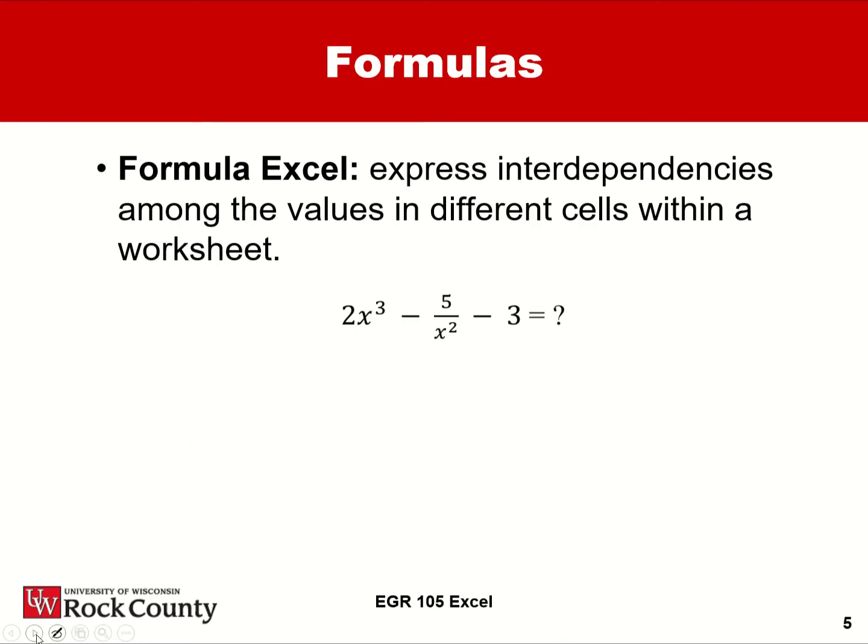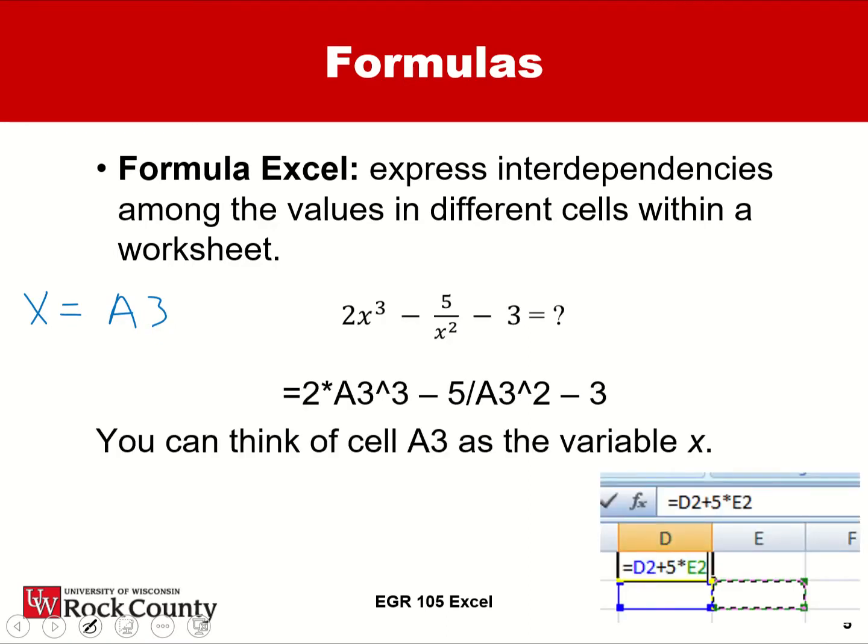So here is the same formula that we just looked at. If we set this up, we can just say x is equal to whatever value is in cell A3. How does that look? This formula starts out with our equal sign. It starts out with 2 times A3.